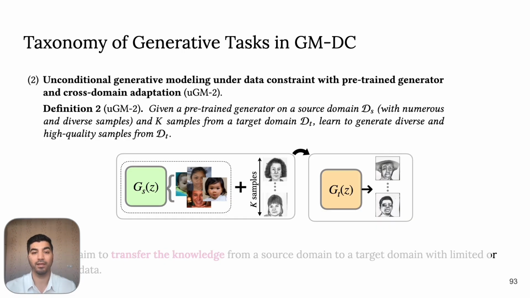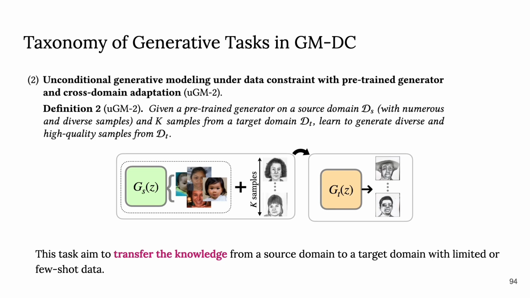In addition to that, we have K samples from a target domain. Here, target domain is sketches. And our objective is to learn to generate diverse and high quality samples from target domain. So we want to learn a generator called G of T here to perform this image generation for us.